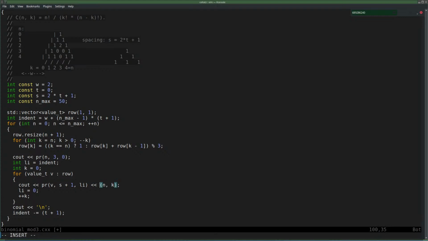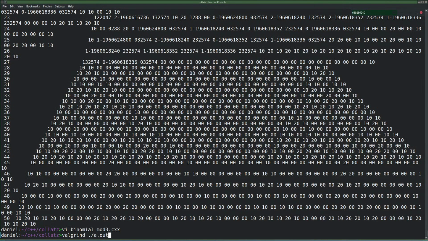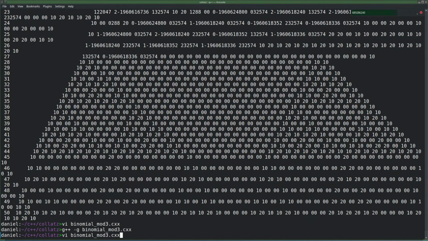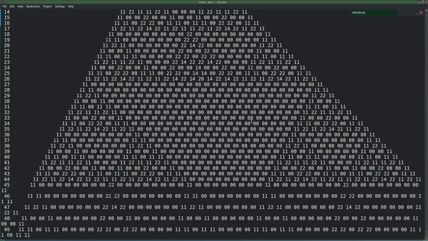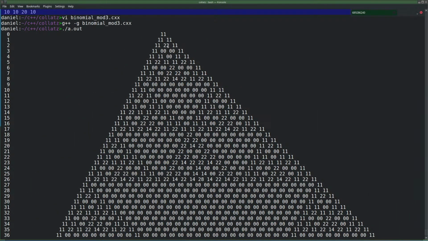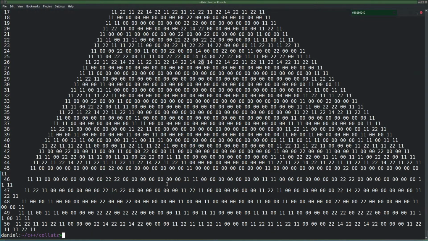How stupid can you be? That's much better. That one's wrong. But 4 modulo 3 is 1, so I think it's correct. I just forgot to do modulo 3 when returning.